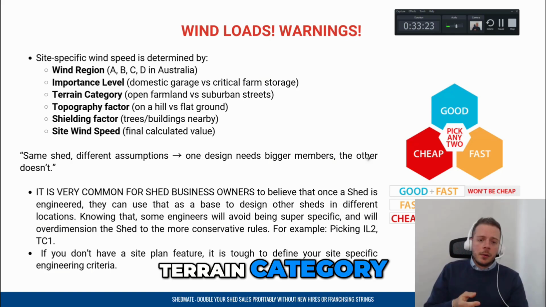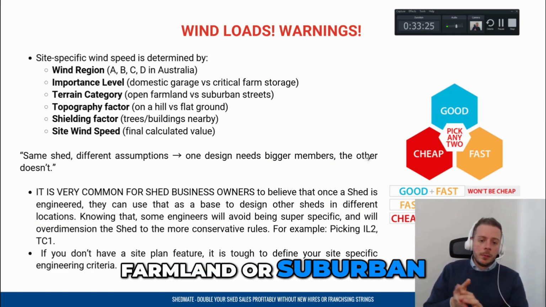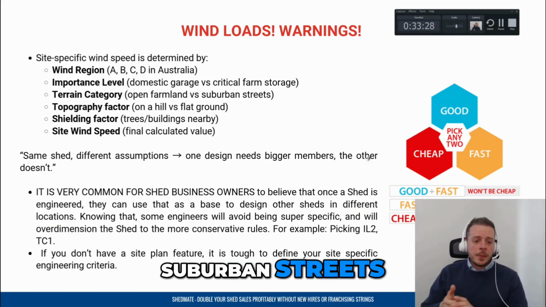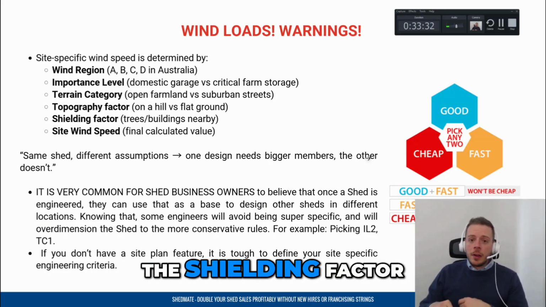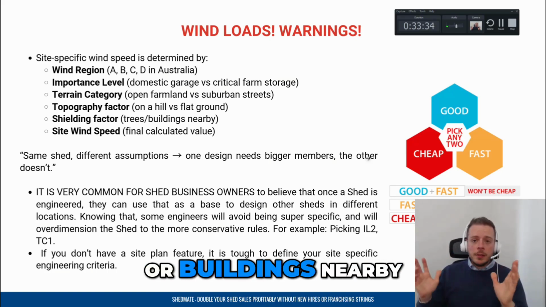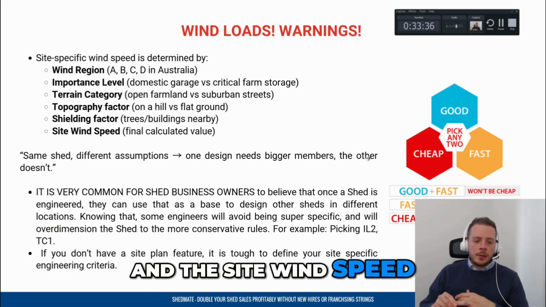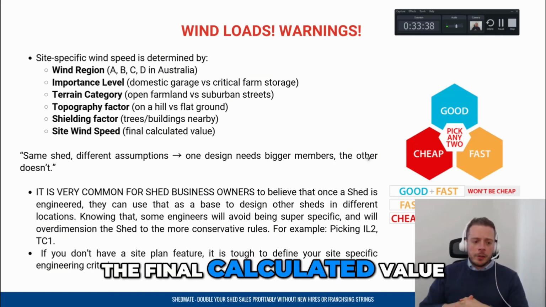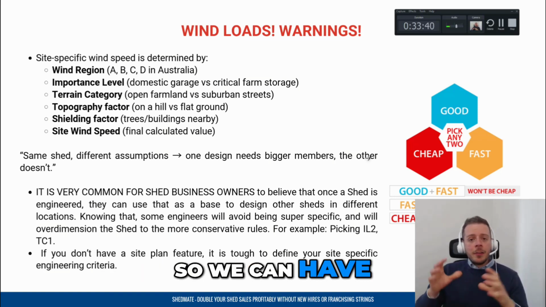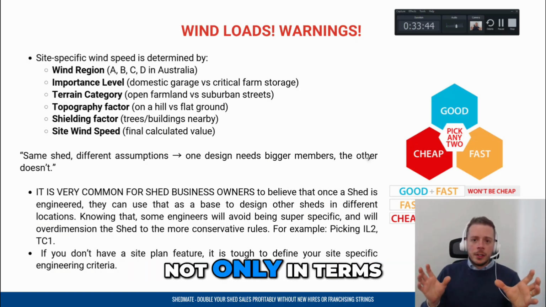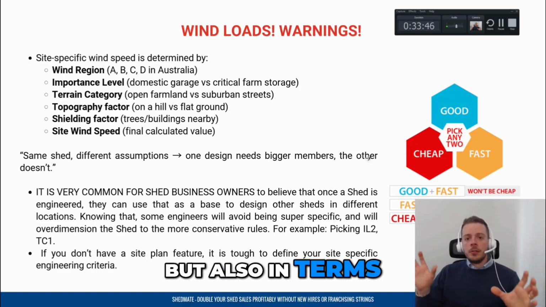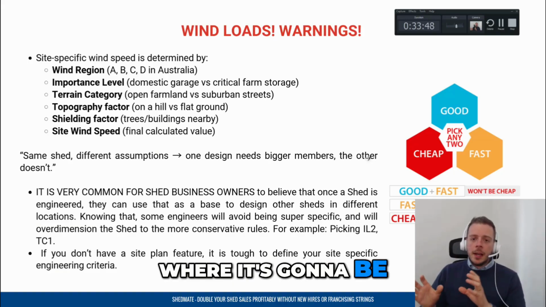Then the terrain category, if it's open farmland or suburban streets; the topographic factor, if it's on a hill or flat ground; the shielding factor, if there are trees or buildings nearby; and the site wind speed, which is the final calculated value. So we can have exactly the same shed, but different assumptions, not only in terms of the structure, but also in terms of the location, and this is going to create different designs.